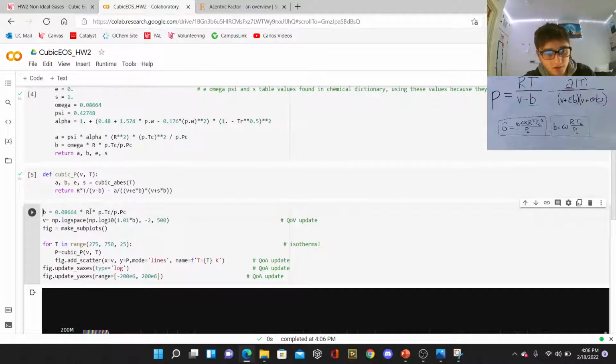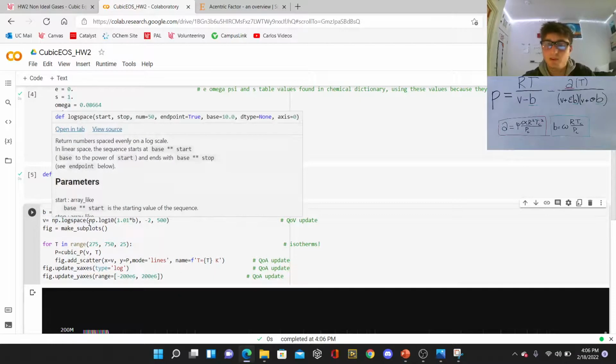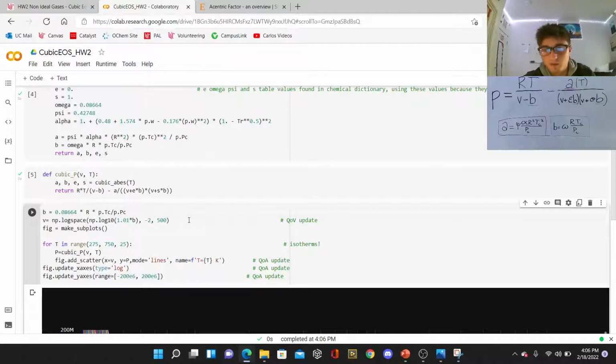Now we're going to bring our B value down here, so that we can use it for our specific volume. Now what we're going to do is use log space, not lin space, because if we used lin space, the points would be spaced evenly on a basic numerical scale, just a normal scale. But if we do the log spacing, it'll provide a quality of value update.